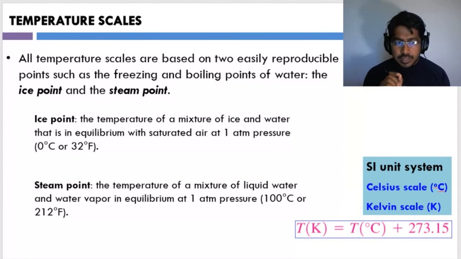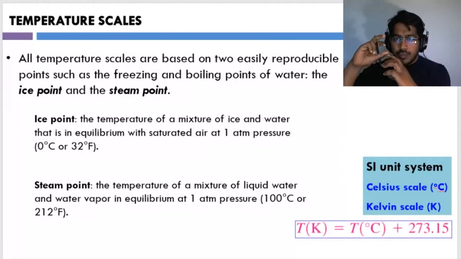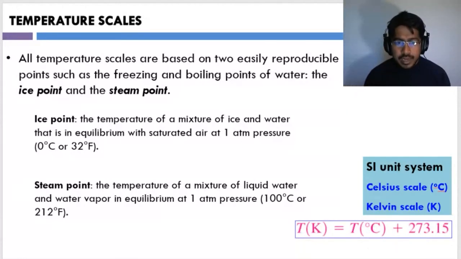And steam point is when you see the steam coming out, and this steam and liquid water are in equilibrium, the phase equilibrium. The amount of vapor or amount of liquid should not change. The amount of substance in each phase should be in equilibrium. And if the pressure of that system is 1 atm, then we call it steam point.